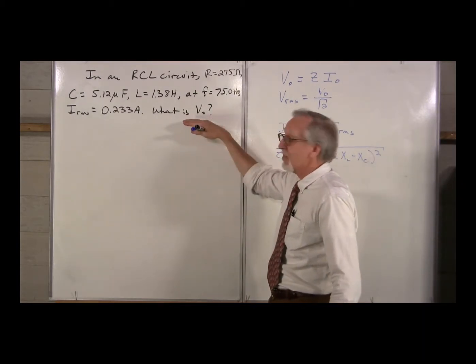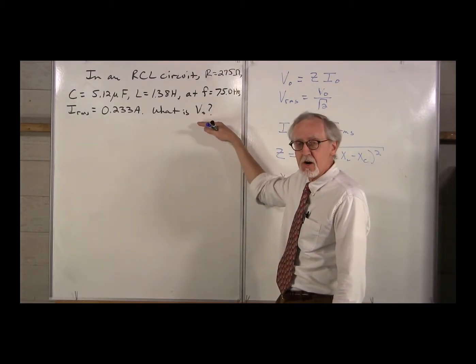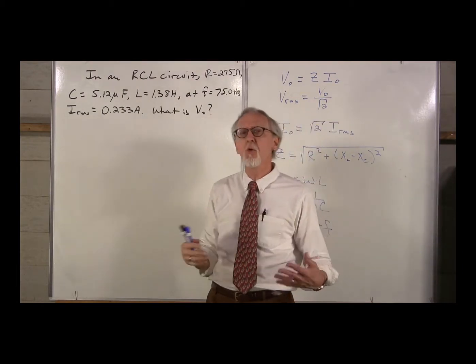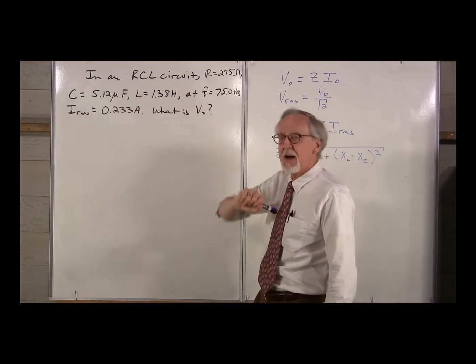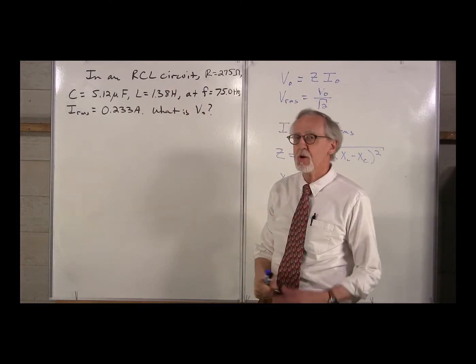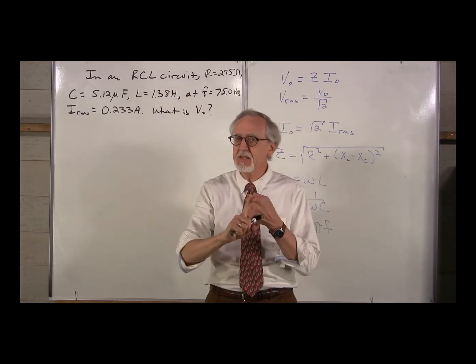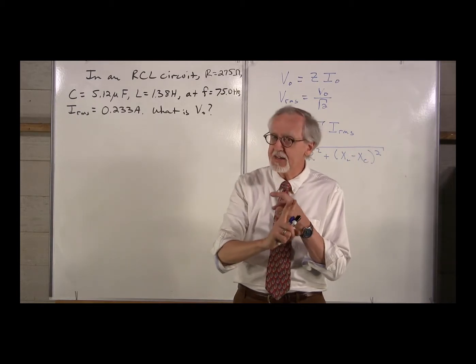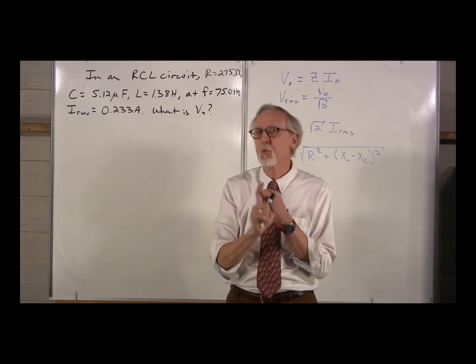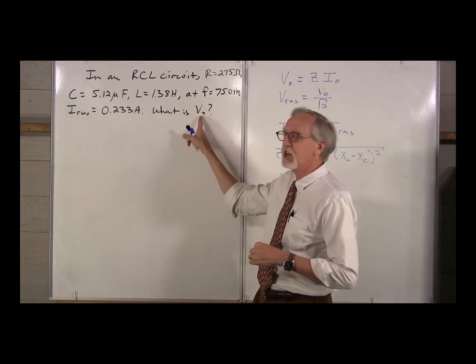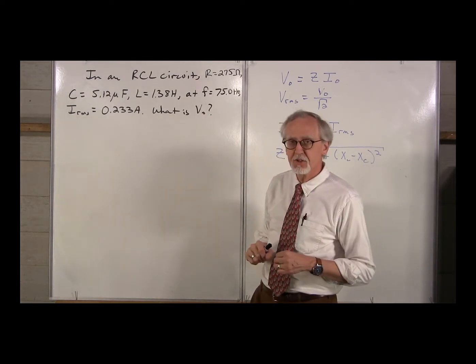What is V naught? That's what we want. What do we know about V naught? Let's be careful. We're talking about an RCL circuit. We're not talking about a resistor by itself, a capacitor by itself, or an inductor by itself. What do we know about the voltage amplitude for an RCL circuit?